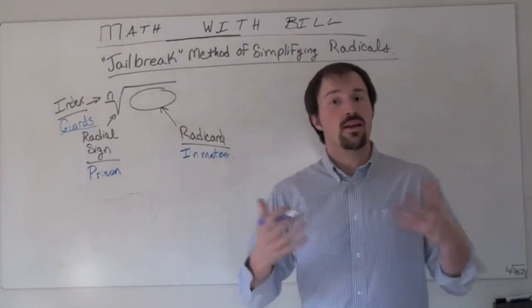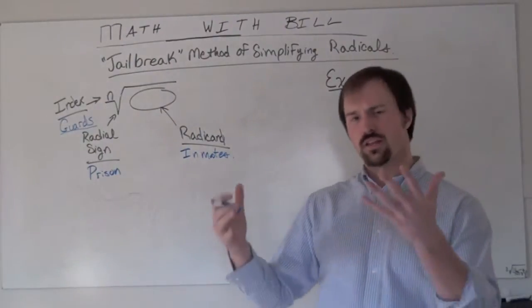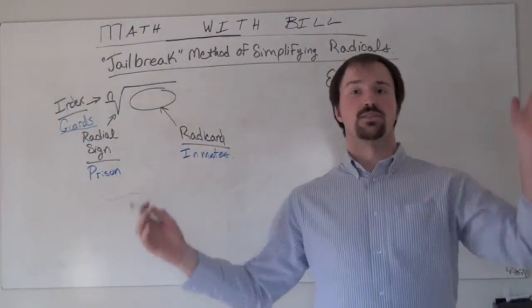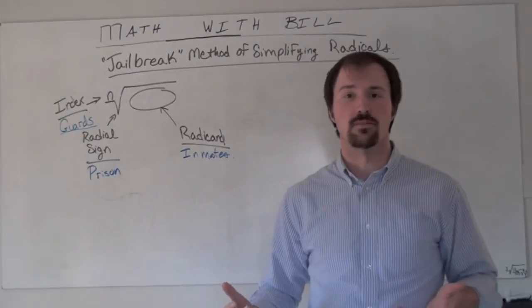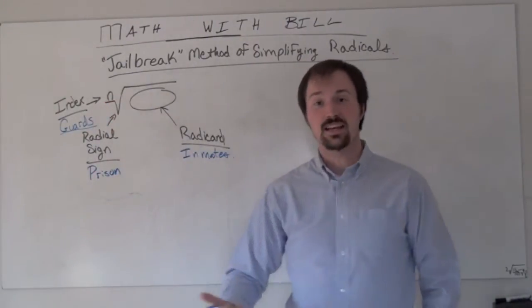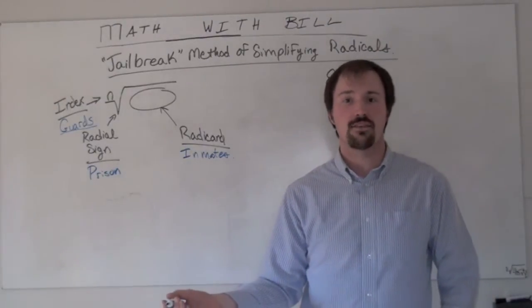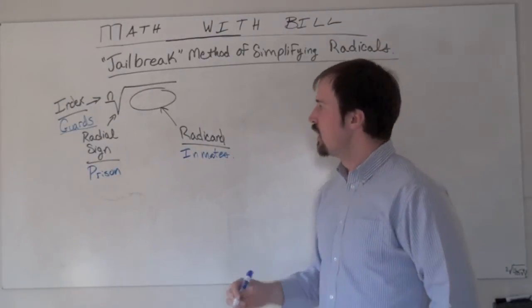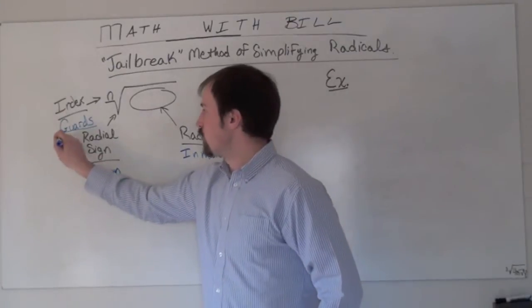Okay, and so there are different levels of prisons, right? There's minimum security prison, there's maximum security prison, and there are things in between. Now, the level of prison is designated by our index, by the number of guards that they have there at the prison. There's an interesting thing about the guards, though.